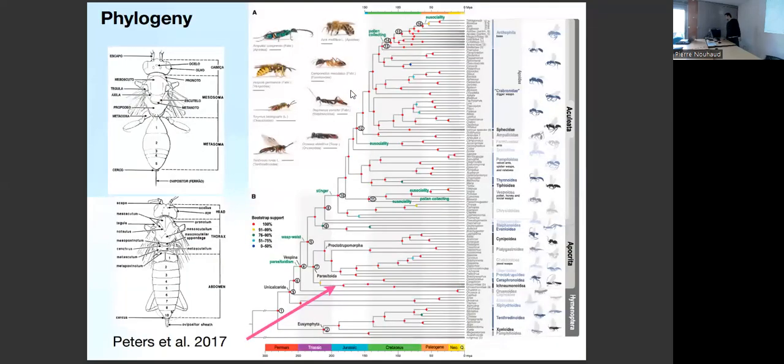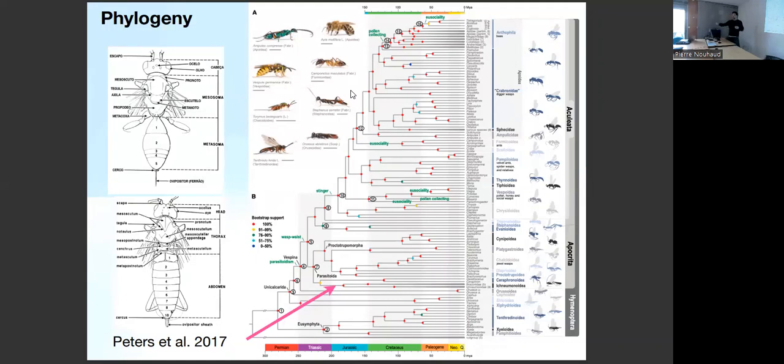They are spread worldwide. The phylogeny of the group is really interesting as well because they seem to be one of the most basal groups of apocritans. Apocritans are the hymenopterans that have this wasp waist. Most of the diversity of the Hymenoptera is in the apocritans, including the social insects, the ants, the bees, and the wasps.